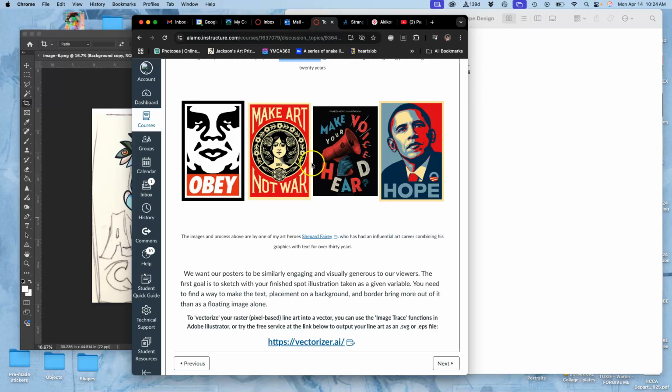Here we have Shepard Fairey, and Shepard Fairey also designs their own type to go with the project, right? Here we have just a very slight serif to make it look more traditional. Here we have just a very blocky modern type to make it incredibly clear.